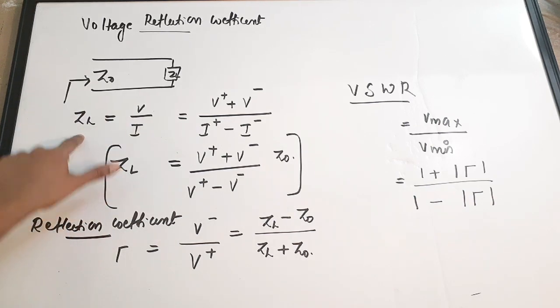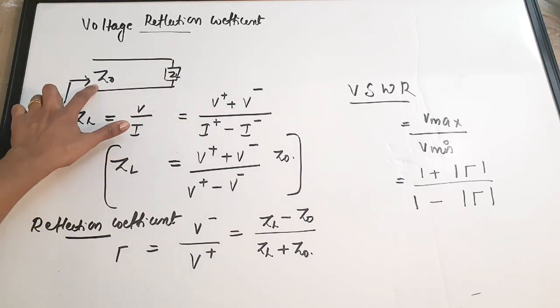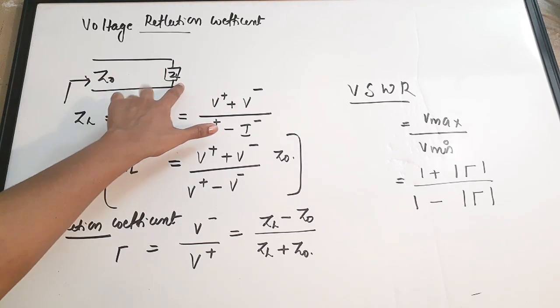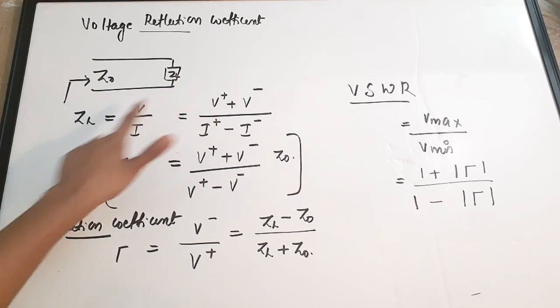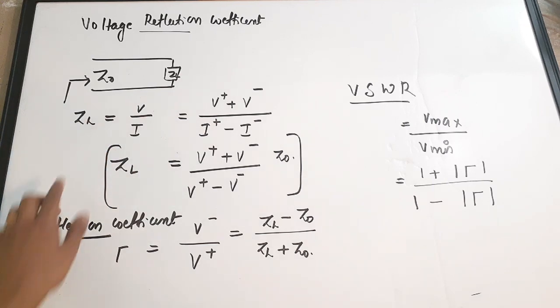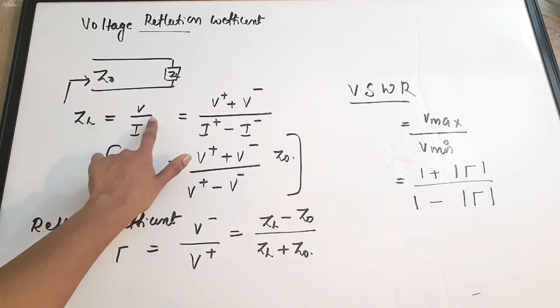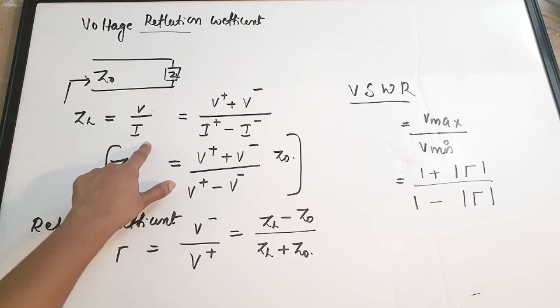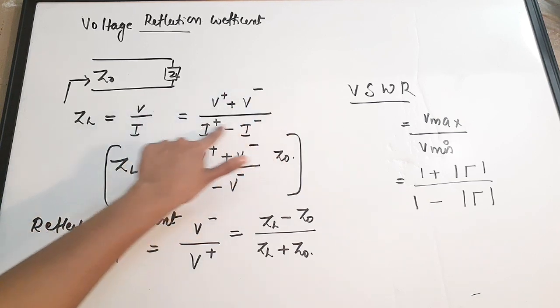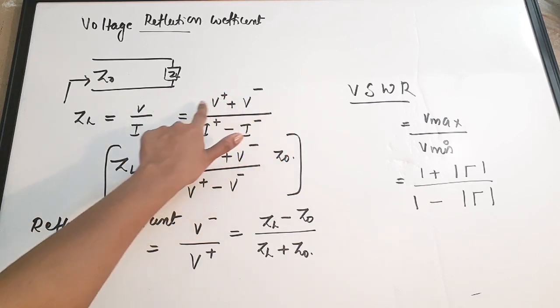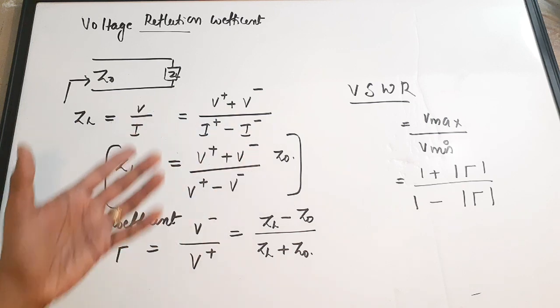First, let us see a transmission line which has a characteristic impedance of Z0 and a load impedance of ZL. How can you write the load impedance? It can be written as voltage by current, right? Now, in terms of the forward and the reflected waves, there are voltage and current waves.